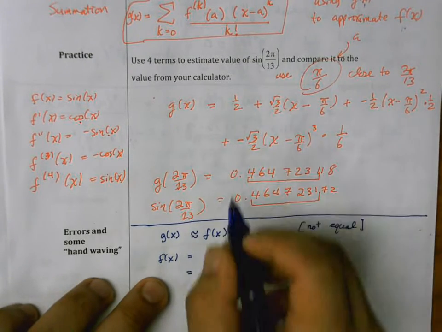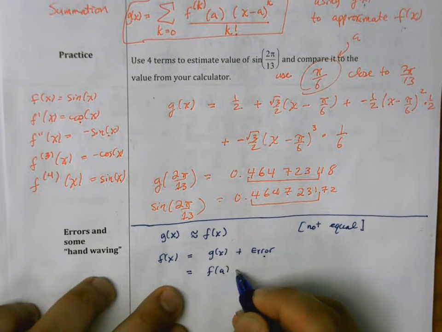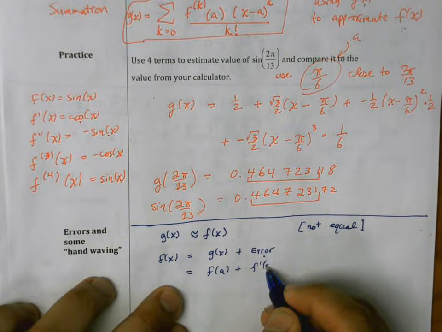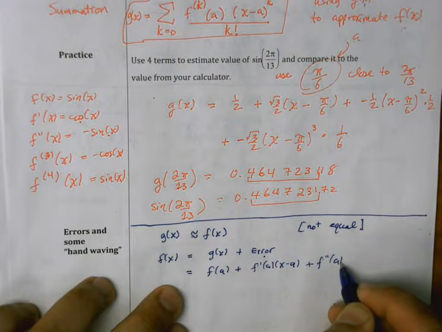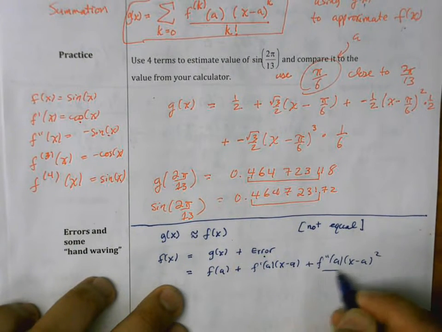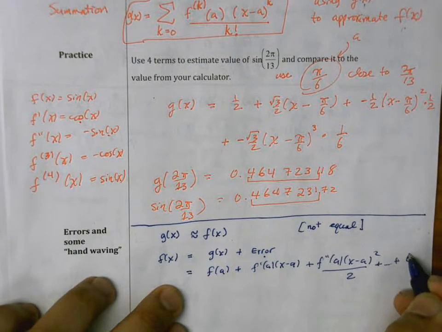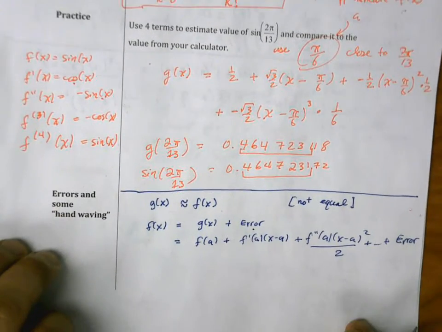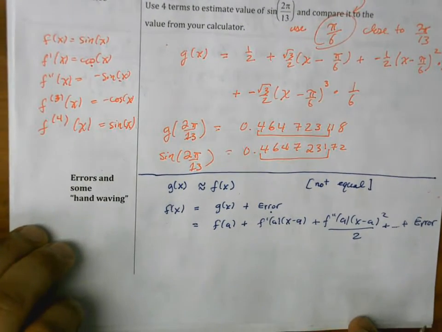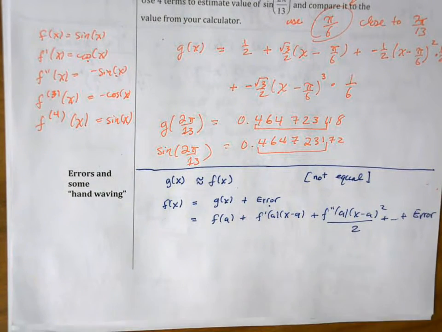In other words, f of x is equal to this expansion, f of a plus f prime of a times (x minus a) plus f double prime of a times (x minus a) squared all over 2 plus dot dot dot, plus some error.